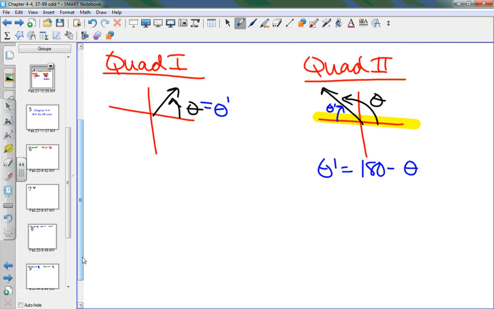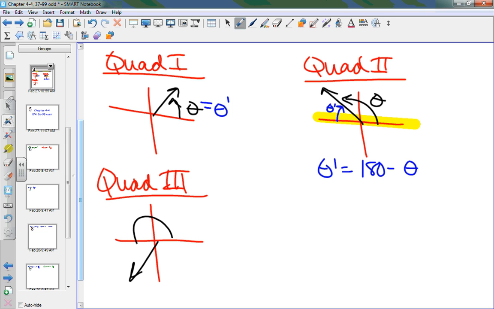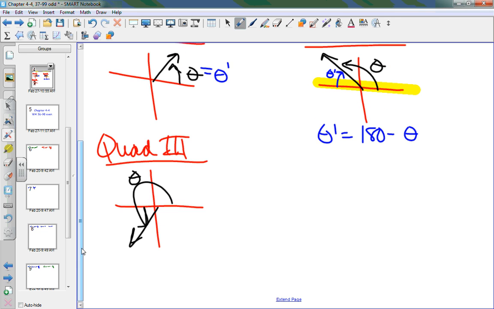Okay? Now, what if I'm in quadrant 3? There's my theta. Now, how do I find theta prime? Remember, how do I form theta prime? You still have to use your horizontal axis. Can you ever use 270? No, because that's using the vertical axis.